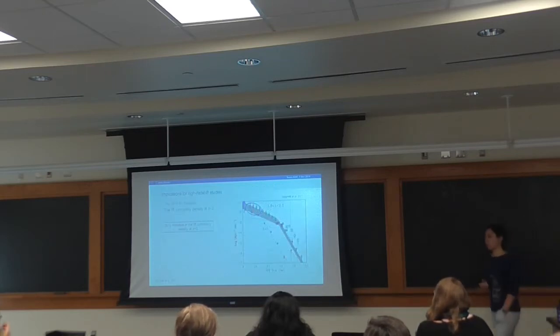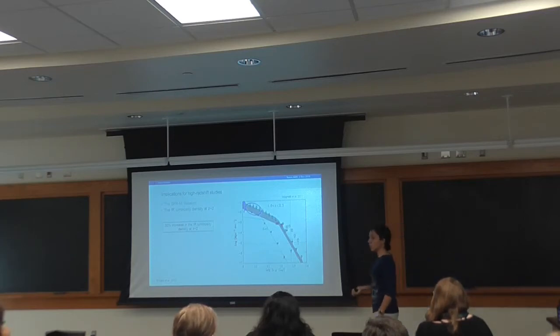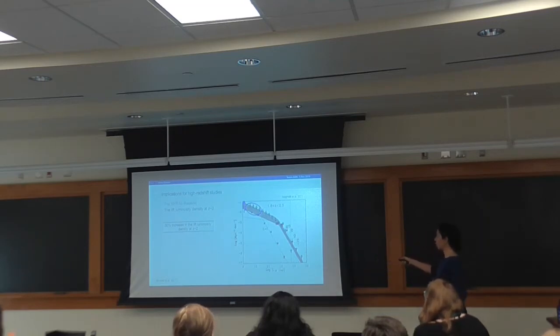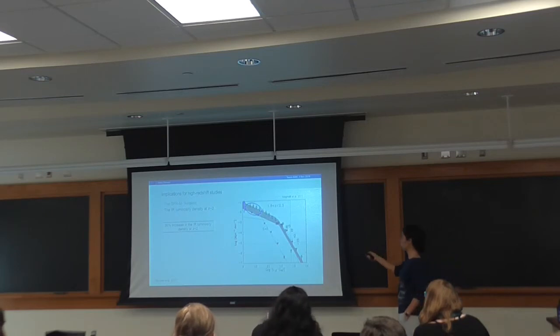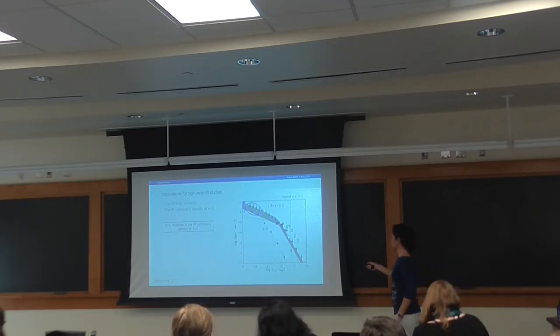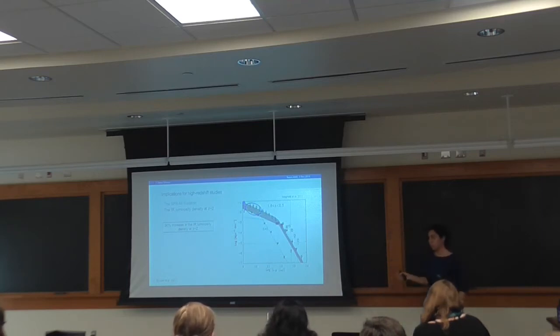Another implication of this study is how it affects the IR luminosity density at redshift 2. To test that, we simulated galaxies drawn from the infrared luminosity function of Reddy 2011, and we increased the IR luminosity of the low luminosity galaxies based on the results of this study, and recalculated the IR luminosity density.